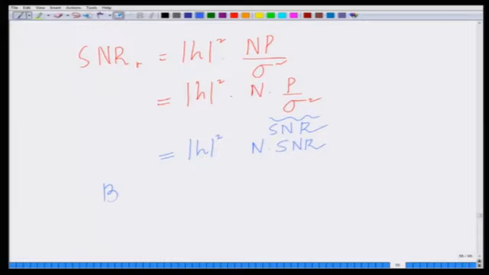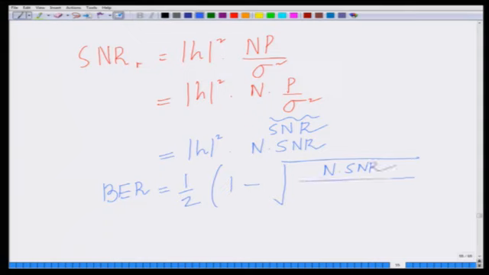across a relay fading channel, we can write the bit error rate of this system as half times 1 minus square root of n times SNR divided by 2 plus n times SNR.